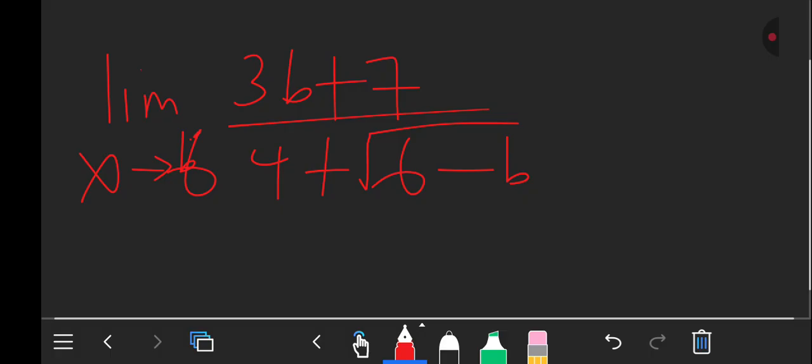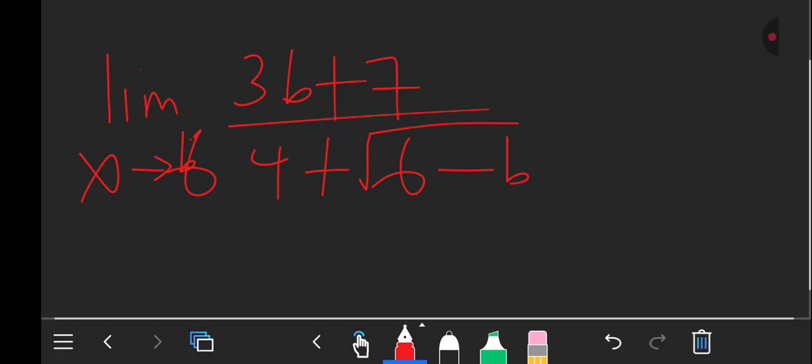Okay, b is equal to 6, so that is 0, because this will be 6 minus b, that is 6 minus 6, that is 0.